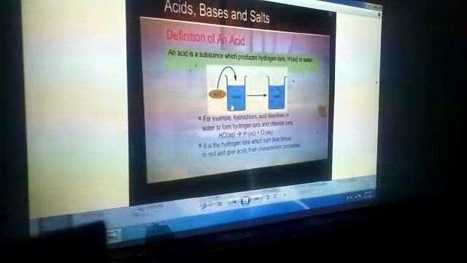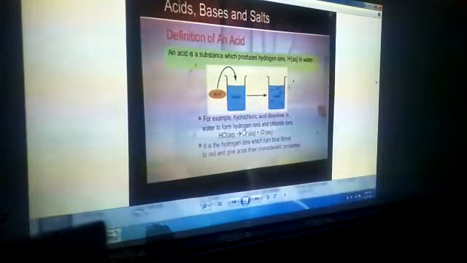We learned this with an example, hydrochloric acid. The formula of hydrochloric acid is HCl, which dissolves in water to form hydrogen ions and chloride ions. It means HCl is an acid which gives hydrogen ions in aqueous condition.